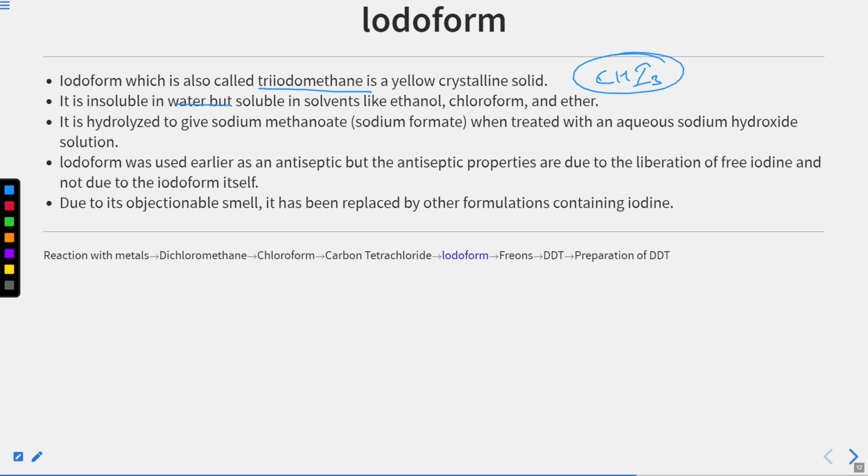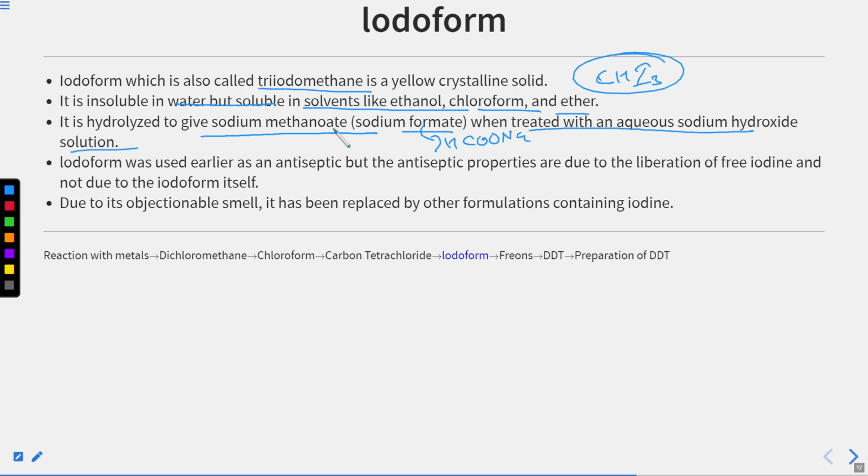It is insoluble in water but soluble in solvents like ethanol, chloroform and iodine. Since it is not that polar, it is not soluble in water. It is hydrolyzed to give sodium methanoate, or sodium formate, that is HCOONa, when it is treated with aqueous sodium hydroxide solution.